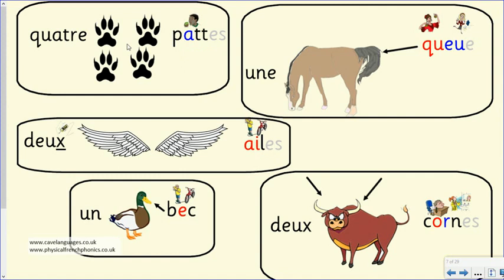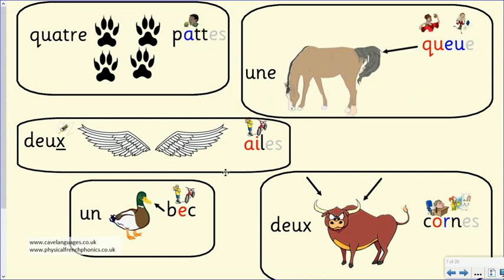Try that. Pat. A tail. It's feminine. Une queue. I know it's feminine because it's une. 2 wings. Now it's not going to be de. I'm going to sound that X to make it easy to say in front of that vowel. It will make the buzzy B sound because X between vowels is buzzy B. So deux ailes.